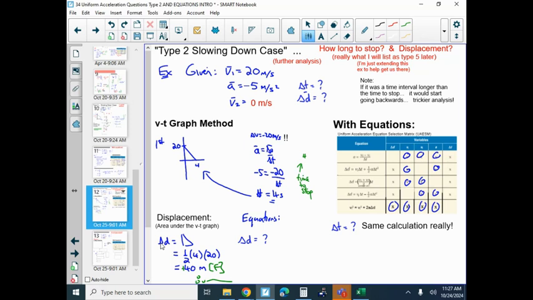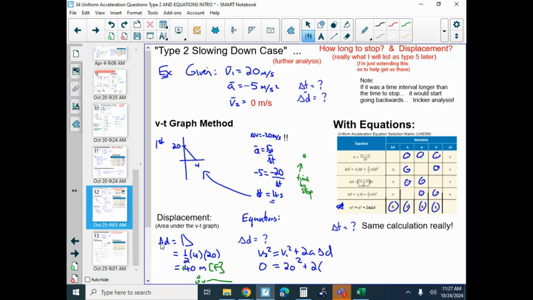But if we were going to do displacement first here, we could do that. We'd pick this equation. So that is V2 squared equals V1 squared plus twice acceleration delta D. I feel weird that I'm doing this one because I feel like I shouldn't be yet. But V2 is the 0. V1 is the 20. And twice acceleration.